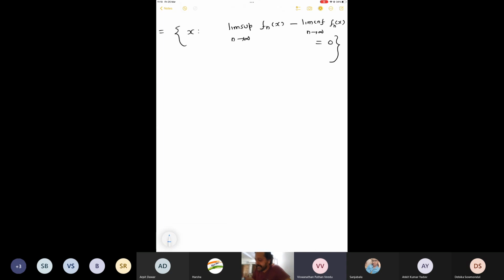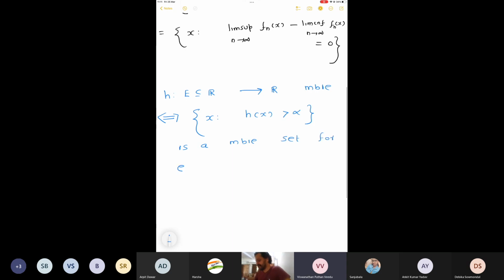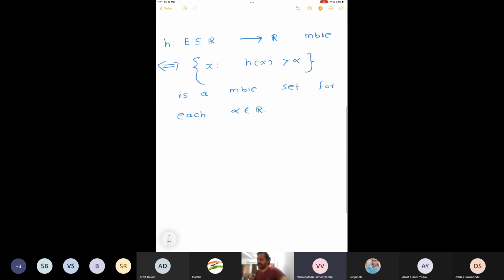See, h from E subset of R to R is measurable, it can be extended real valued also, if and only if the collection of all x such that h of x greater than alpha is a measurable set for each alpha. That is if and only if. That is the definition actually.